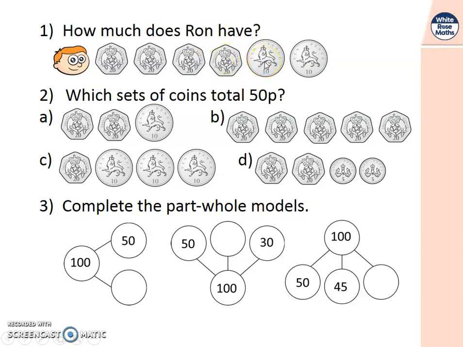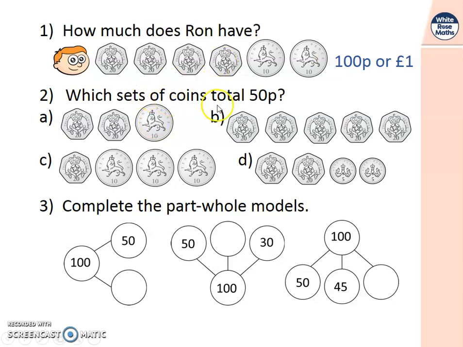Then 10 more, that's 90 pence. And 10 more, that is 100 pence or £1. Let's check. He's counting them himself. Yes, he's got 100 pence or £1.